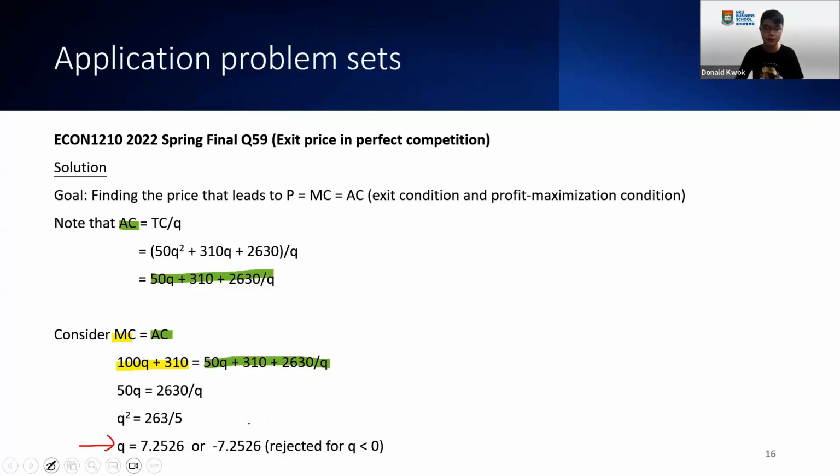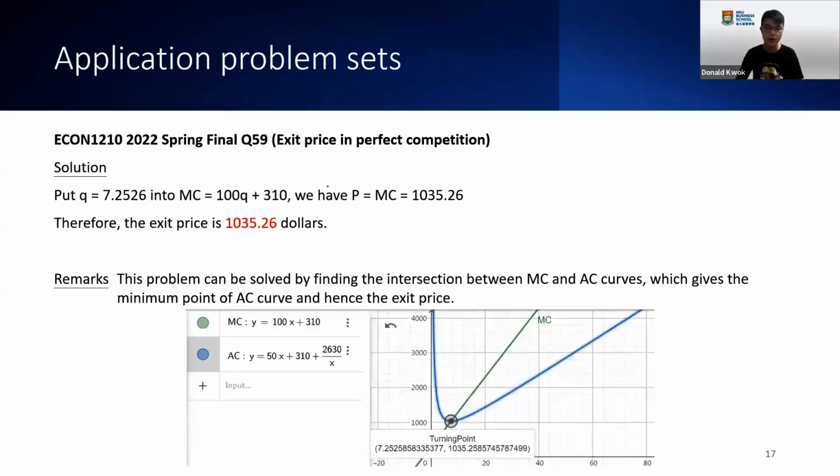We do not take the negative number because quantity cannot be negative. All right, so put this lower equilibrium quantity of an individual firm back into either the marginal cost or average cost expression, then we are able to find out the corresponding exit price to be 1035.26.